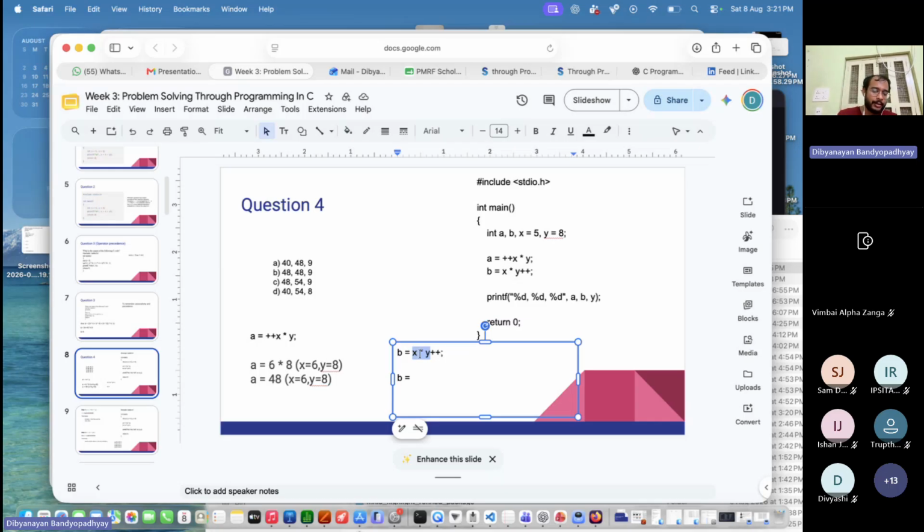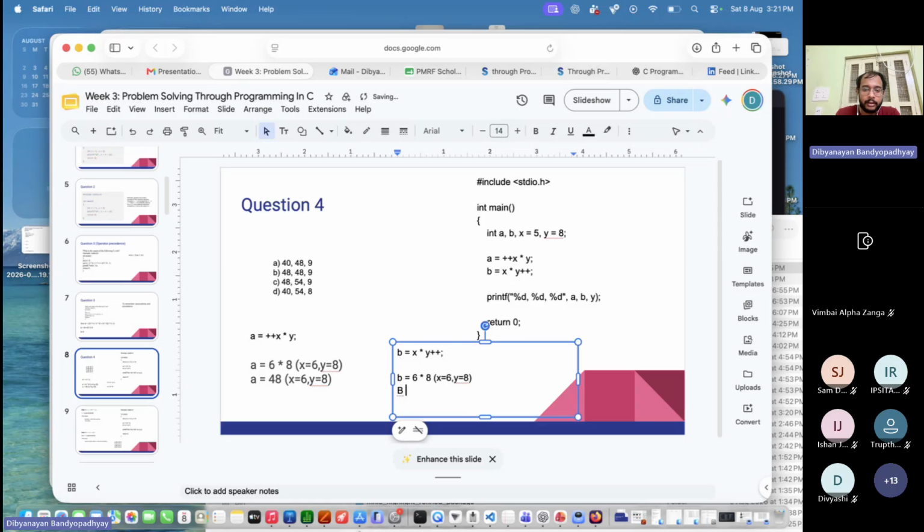So what is the value of X you got in the previous step? 6. So 6, you place it here into, what is the value of Y you got? 8. We are not writing 9, right? Because we will increment the value of Y after the operation is performed. So X is 6, Y is 8 during the operation.